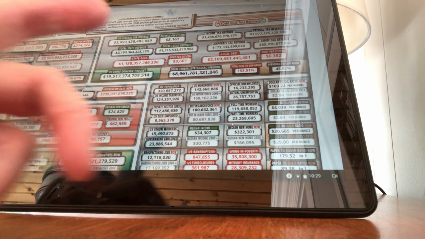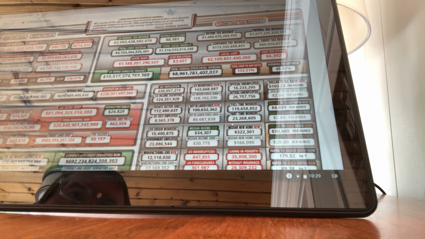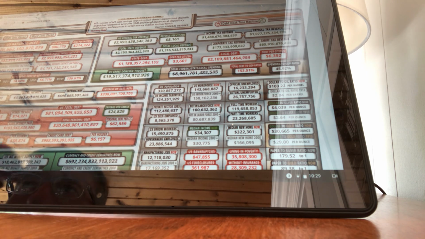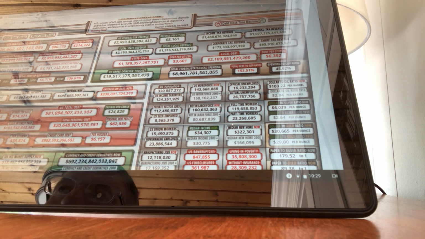But in addition to that, there's also a shortfall in pensions. The state of Illinois, they think, owes about $120 billion in pensions. So we've got a shortfall of $120 billion. But there are still people working and still paying into the pensions, and so it hasn't been a problem so far.